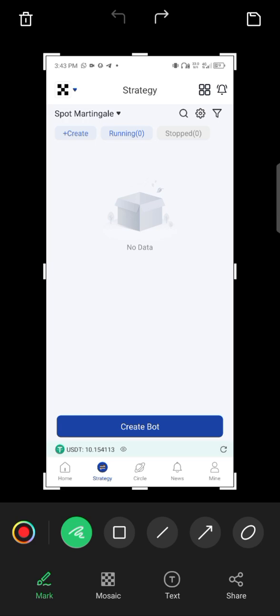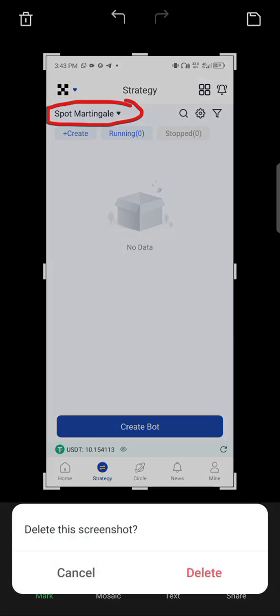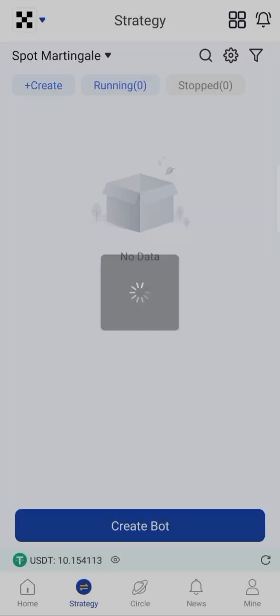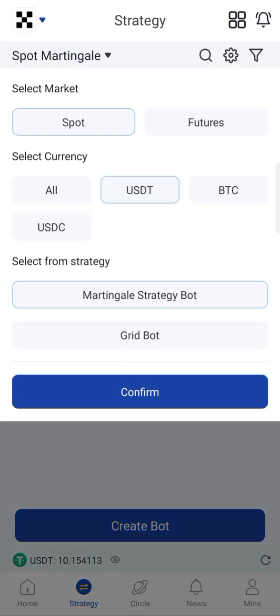Normally where I'm circling on the screen, as you can see in red, is where we choose our spot trading or futures trading. If I choose it, then it pops up and asks me if I want to do spot or futures.